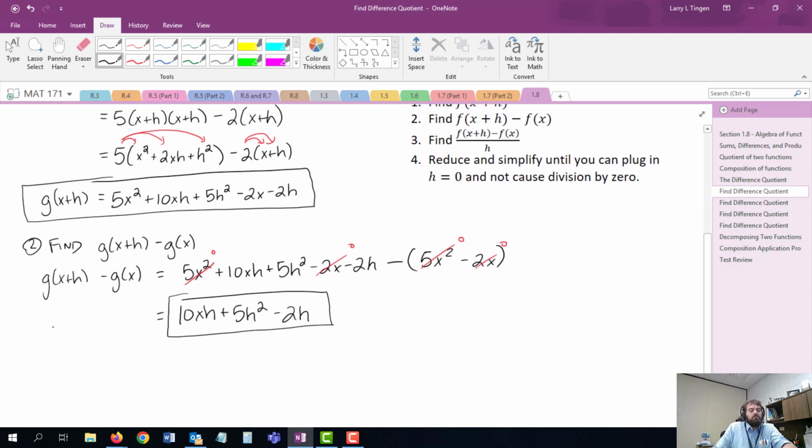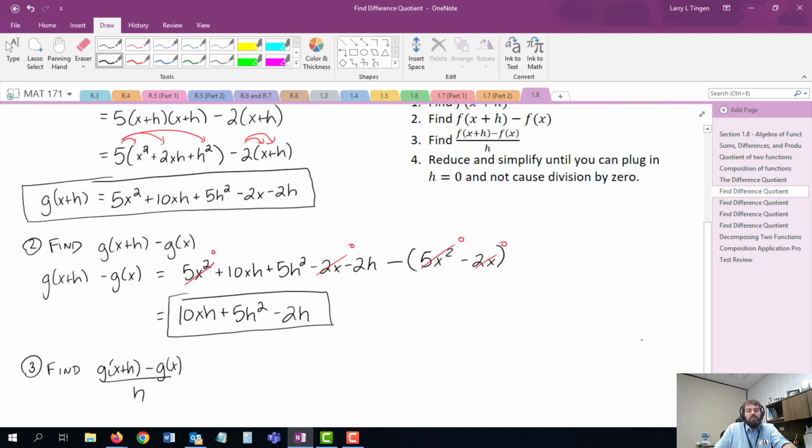Now, step 3 is to find the entire difference quotient, f of x plus h. And again, we're dealing with g, so let's make that g of x plus h minus g of x, all divided by h.